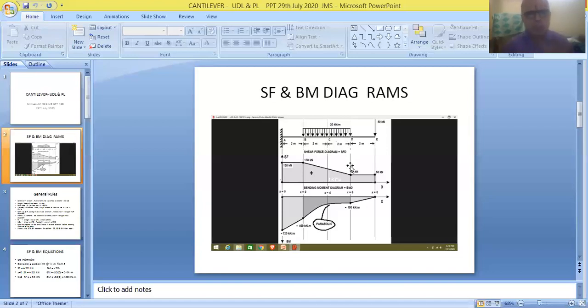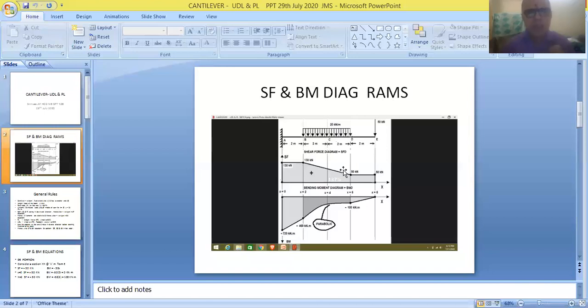Now friends, this value is given as 20 kilonewton per meter. So that means it is acting at the rate of 20 kilonewton per meter. That means for 1 meter, it is exerting a force of 20 kilonewtons.